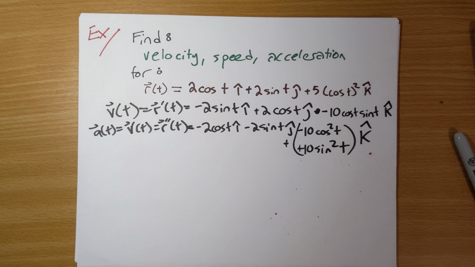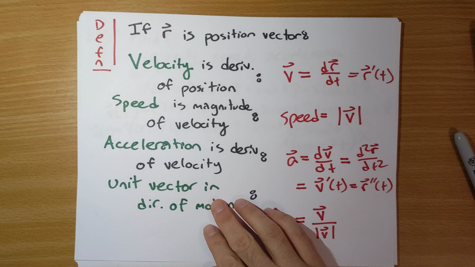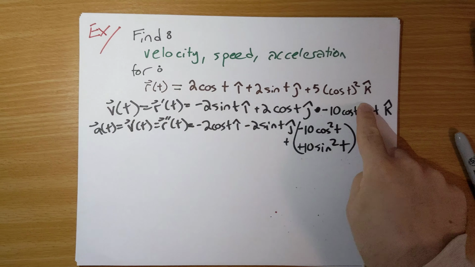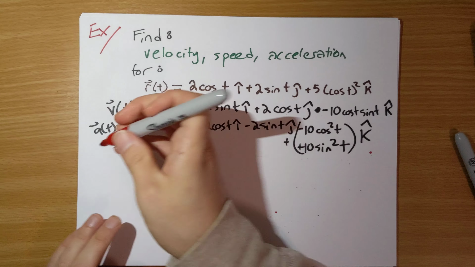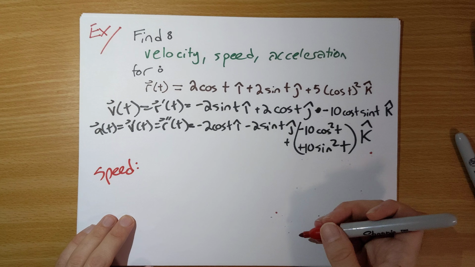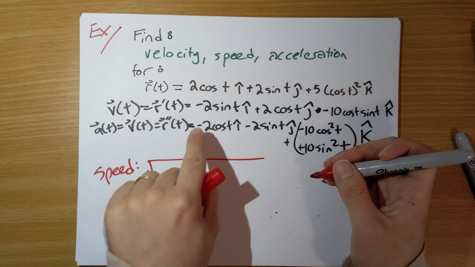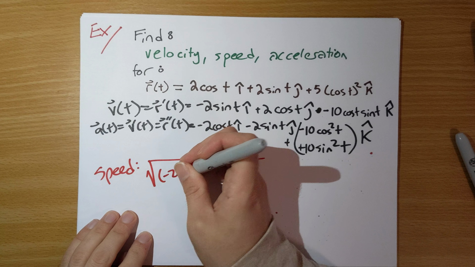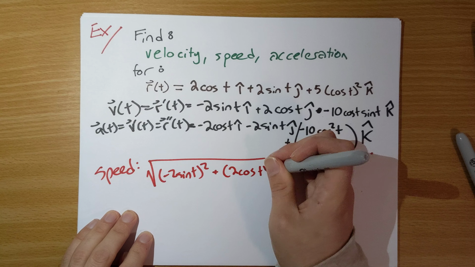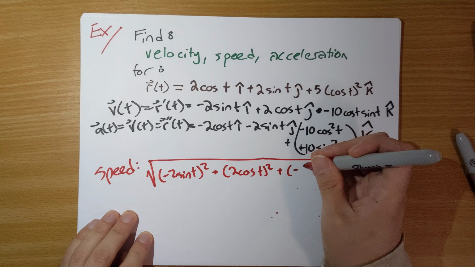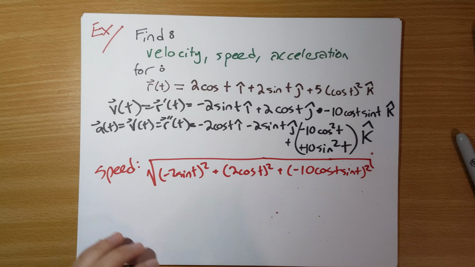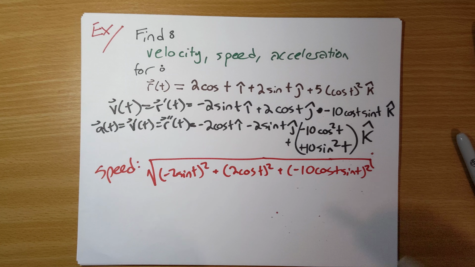To find speed, we just have to go back to velocity and take the magnitude, take the length of our velocity vector. And so speed will be given by the square root of the first component squared plus the second component squared plus the third component squared. This simplifies down a little bit here.